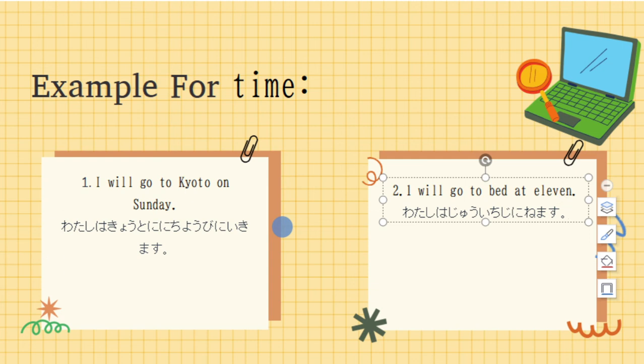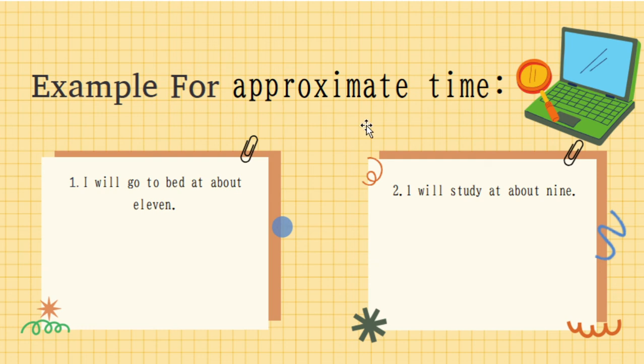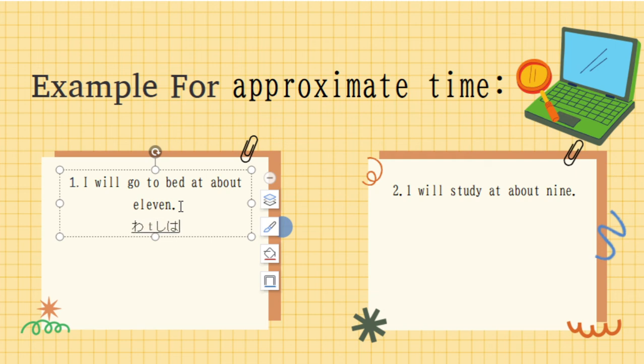Next we have approximate time. For approximate time, we have this example: I will go to bed at about 11. We will replace the ni with goro. So watashi wa juichi ji goro nemasu.